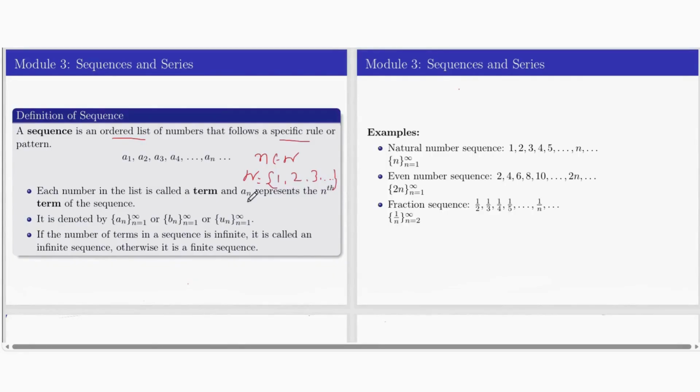And this small n belongs to capital N. So first we have to take n is 1, then n is 2, n is 3 and so on.